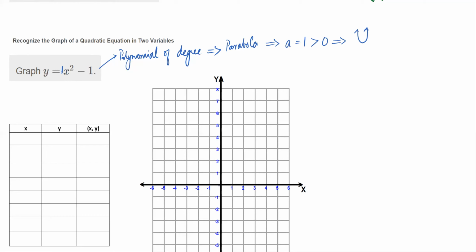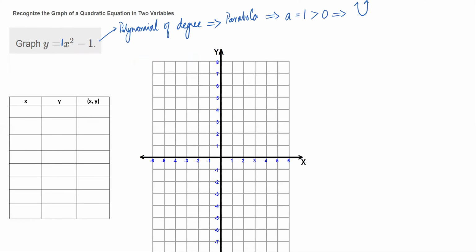Now remember, this is a parabola, it's a curve, it's not a line. If it is a curve, then you want to see the turn of the curve, and so just 2 or 3 points won't be sufficient. You may only be looking at one side of the parabola. So in order to spread out the turn of the curve, we recommend that you use at least 5 points.